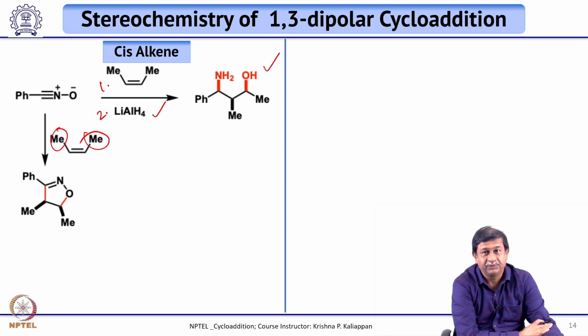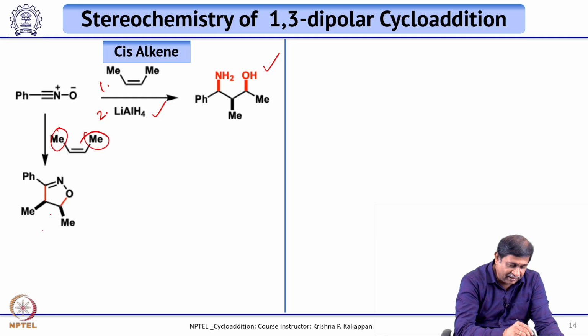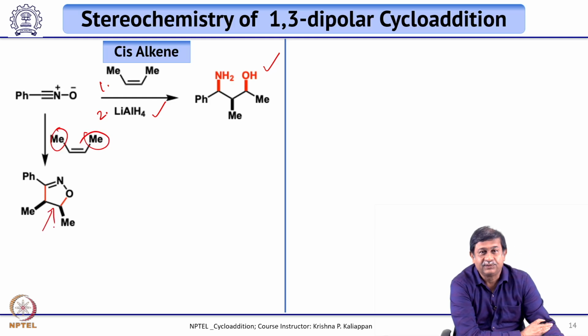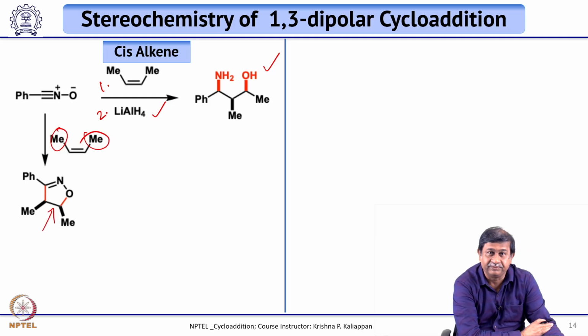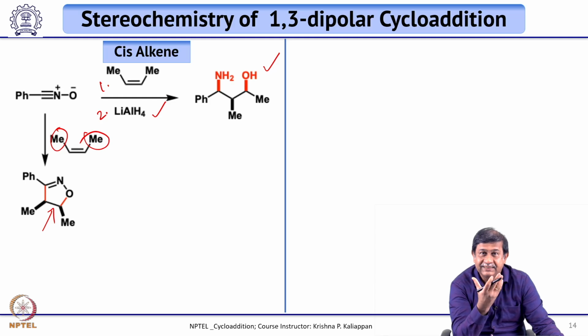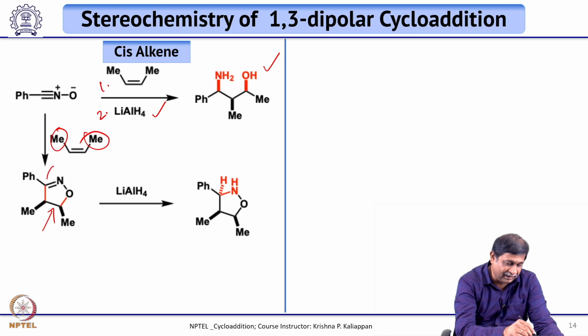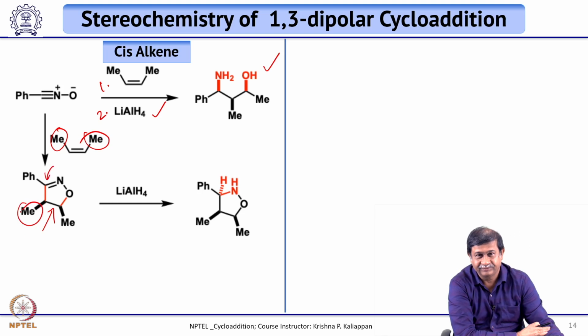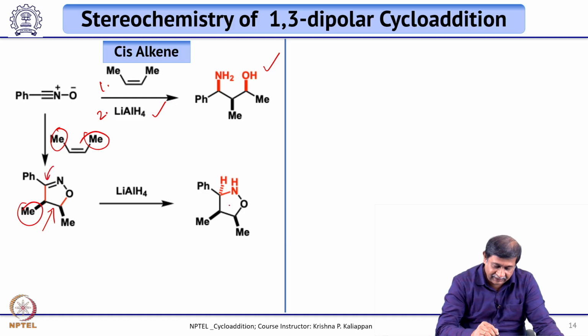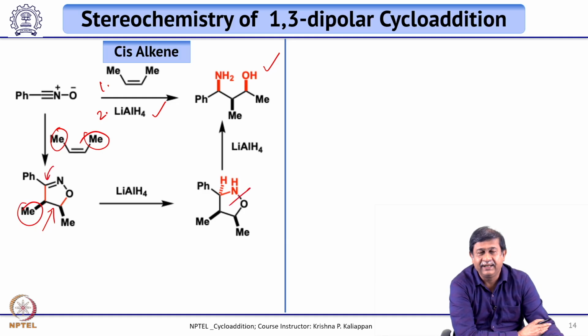Then when you do the 1,3-dipolar cycloaddition, obviously these 2 new stereocenters form, and the 2 methyl groups will be cis to each other. Then when you do the LAH reduction, the hydride will come opposite to this methyl group. Then the NO bond will be cleaved and you get the corresponding amino alcohol, 1,3-amino alcohols.